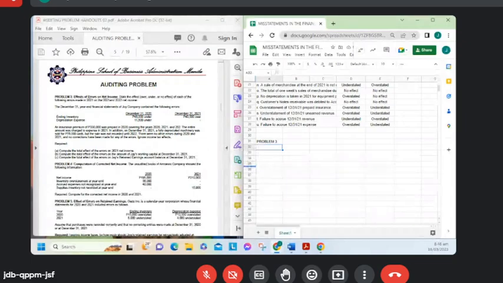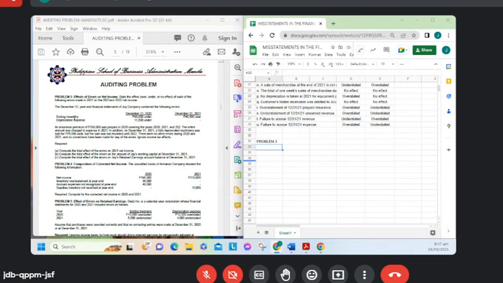Okay, let's go to problem number three. Effects of errors on net income: state the effect, over, under, or no effect, for each of the following errors on net income. The December 31 year-end financial statements of Joy Company contain the following errors.